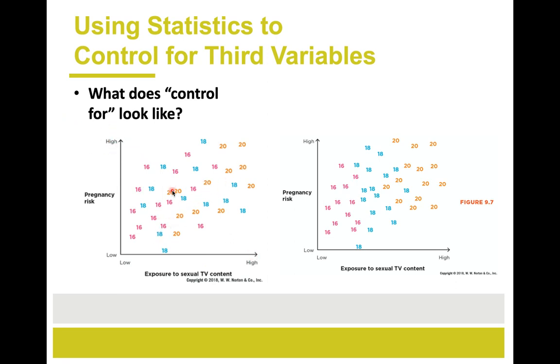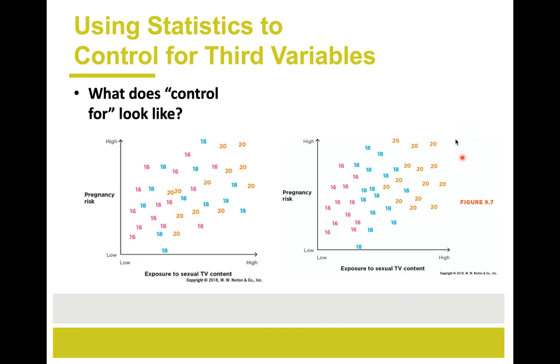They vary a little bit, but the general positive correlation pattern remains. So controlling for age, the relationship stays the same. That makes our causal argument stronger, because we have essentially removed from consideration one potential confounding variable, age.